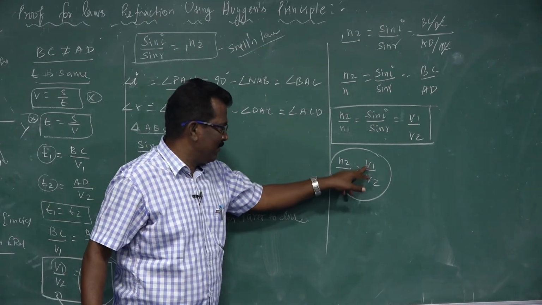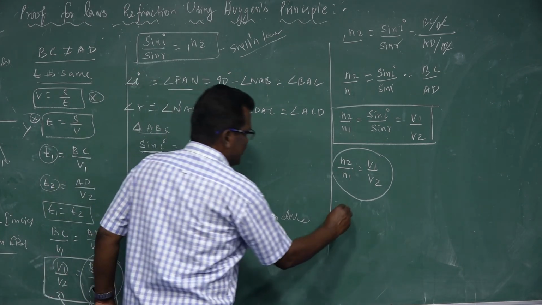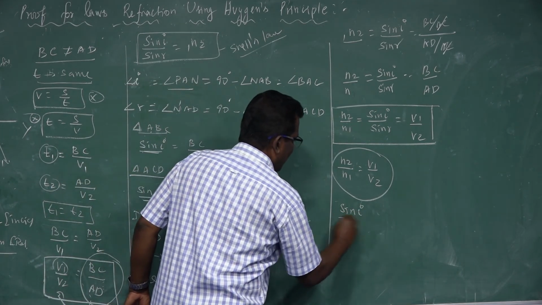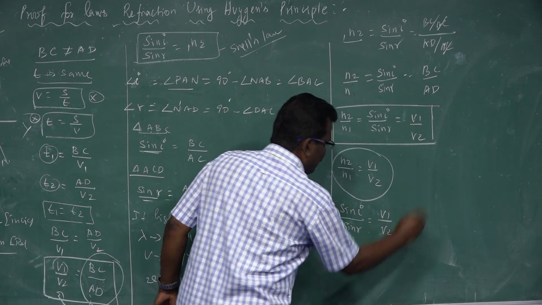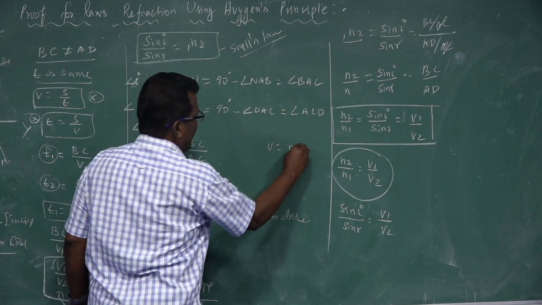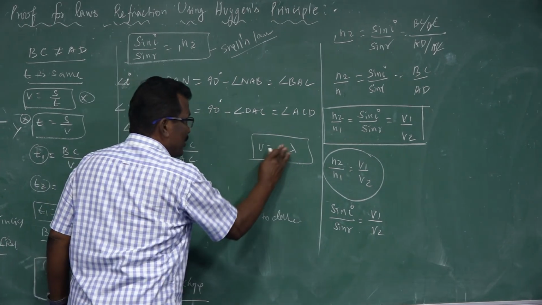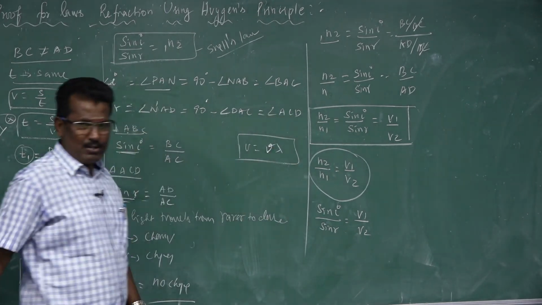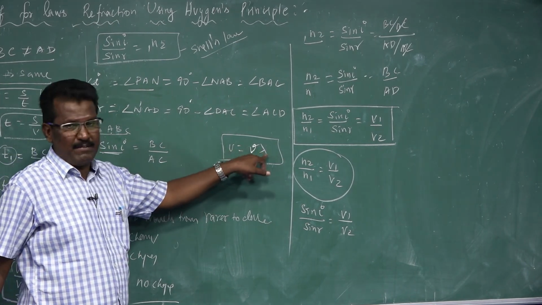Now come to the point. n2 by n1 is equal to V1 by V2, so sin i by sin r is equal to V1 by V2, proved. We know the formula V is equal to nu lambda, where nu represents the frequency. This is the formula for the relationship between velocity, frequency and wavelength.